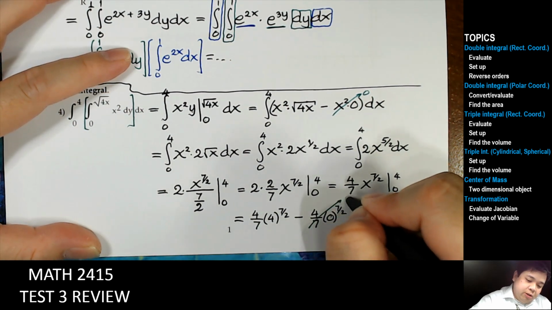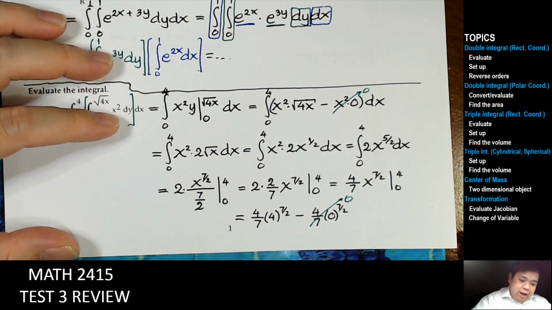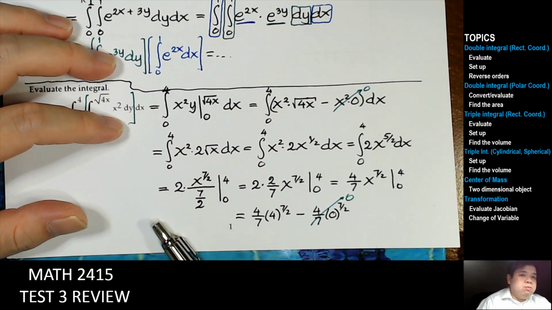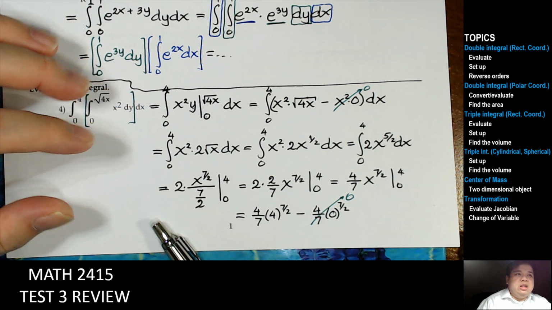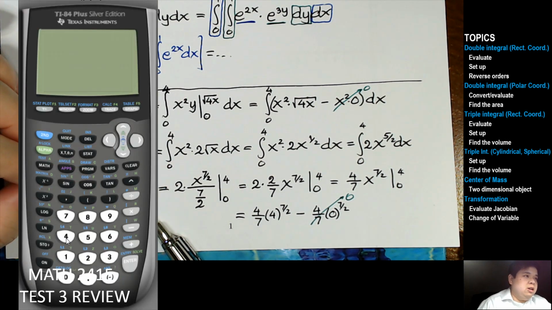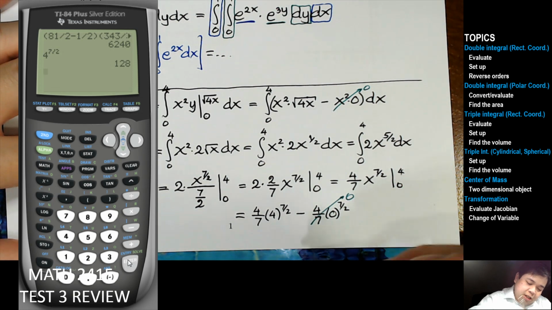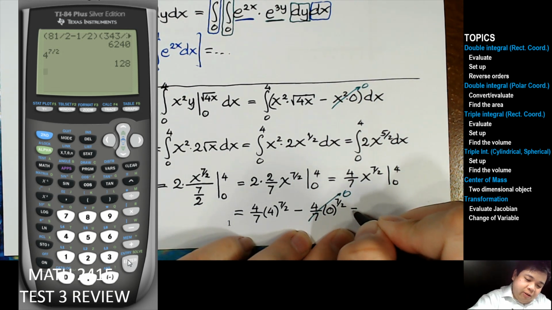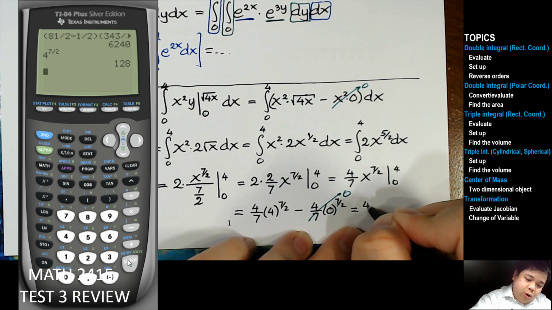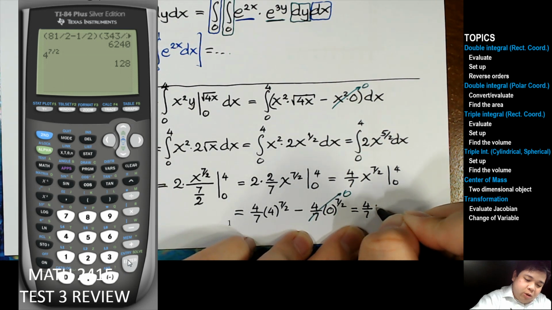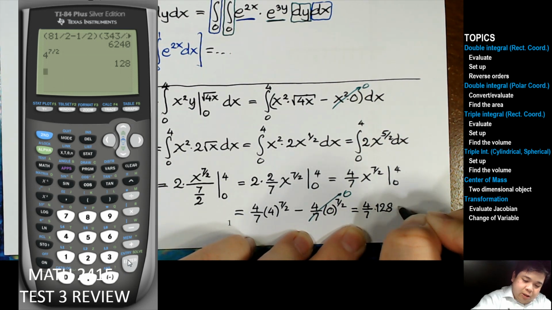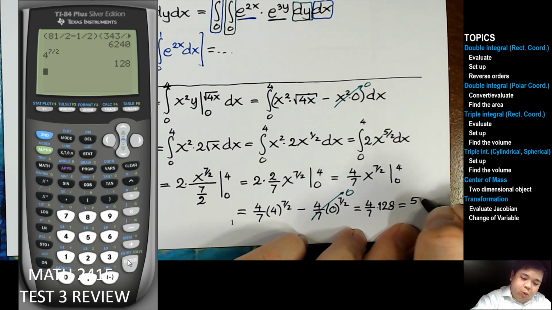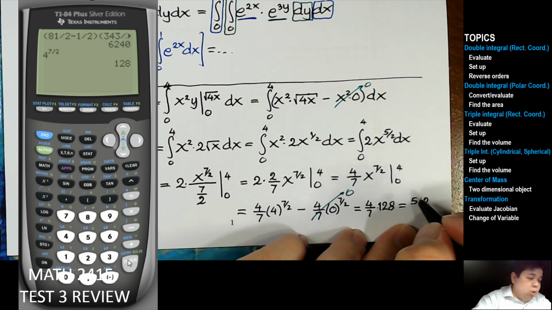This goes to 0 and this 4 to the 7/2, that will be 2 to the 7, which is 128. So we have 4 over 7 times 128. That is 512 over 7.